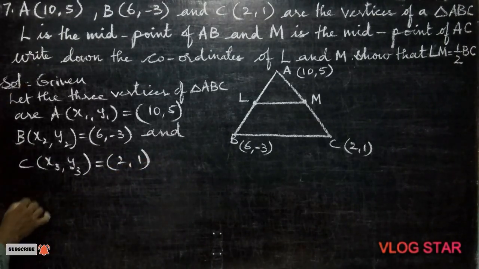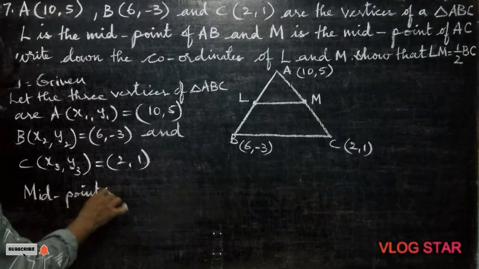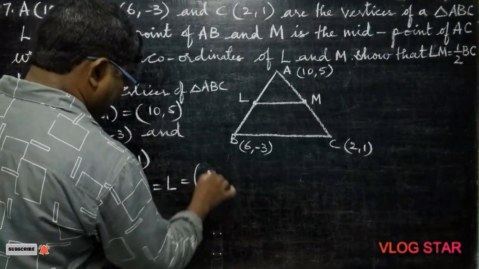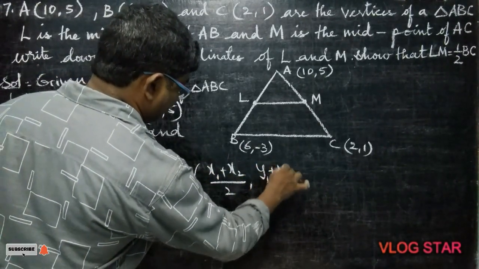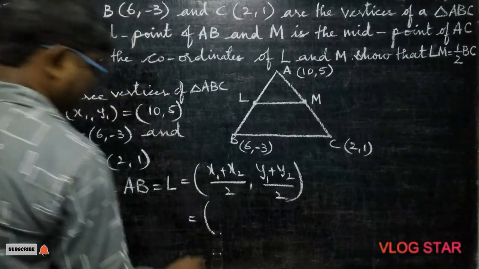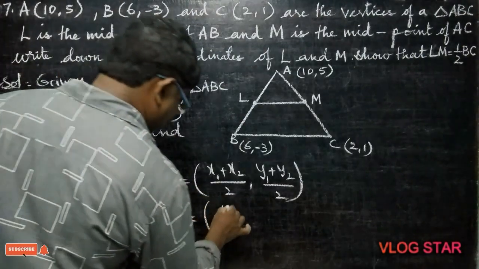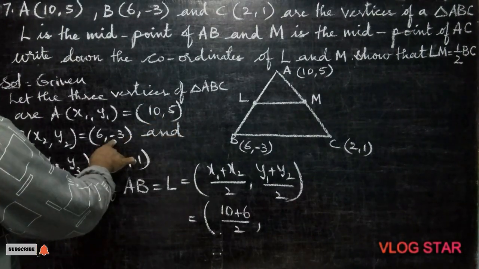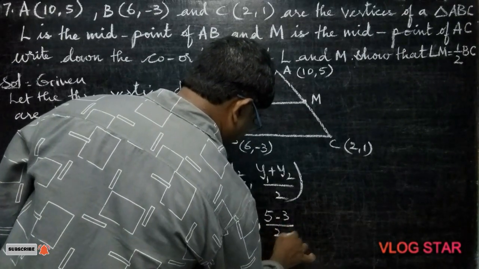Now, the midpoint of AB, that is L, is equal to ((x1 + x2)/2, (y1 + y2)/2). Are you able to follow? That is equal to ((10 + 6)/2, (5 + (-3))/2).